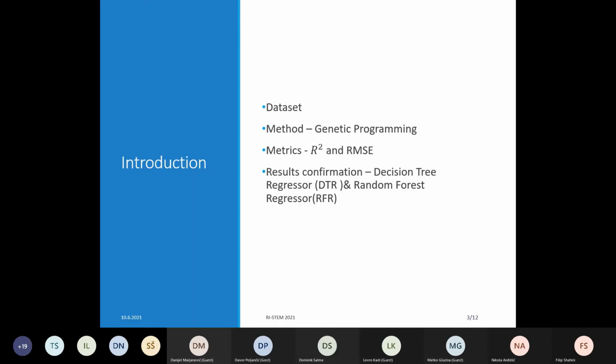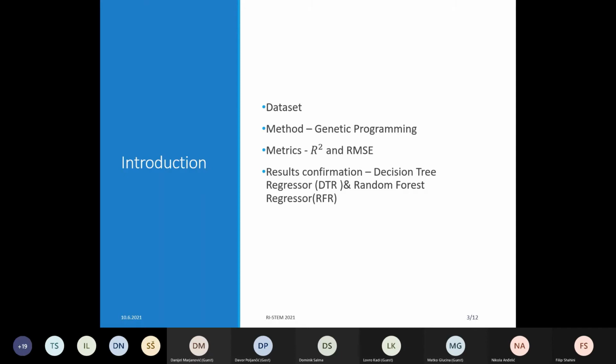To get you into our topic, we're going to talk a little bit about the dataset. We have two predefined datasets which consisted of 6 columns: experiment number, depth of cut, cutting speed, feed rate, tool wear and surface roughness. Also, the method we have used is the genetic programming algorithm.